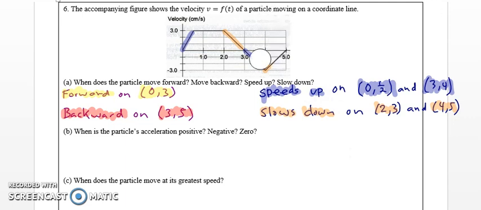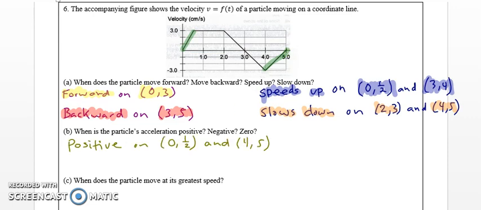Okay, part B. When is the particle's acceleration positive, negative, and 0? We kind of answered this in part A. Remember, acceleration is the derivative of velocity. So if we have the graph of velocity, we're just looking at the slope. If we want acceleration to be positive, then we're looking for a positive slope, which is this interval and that interval.